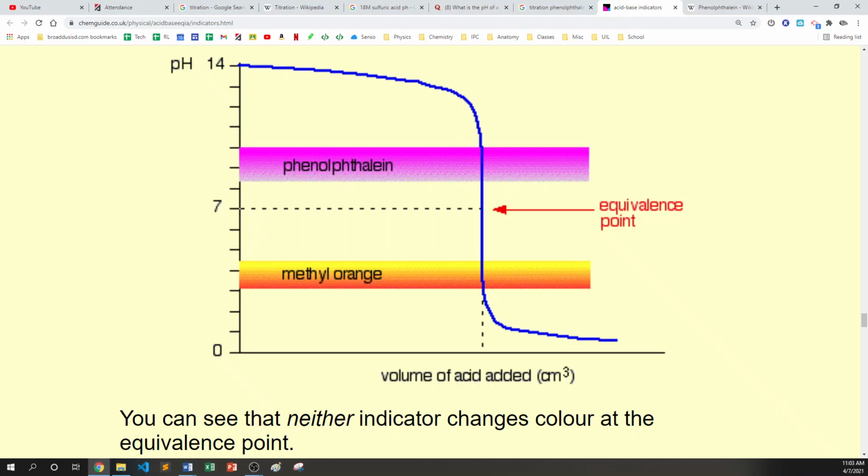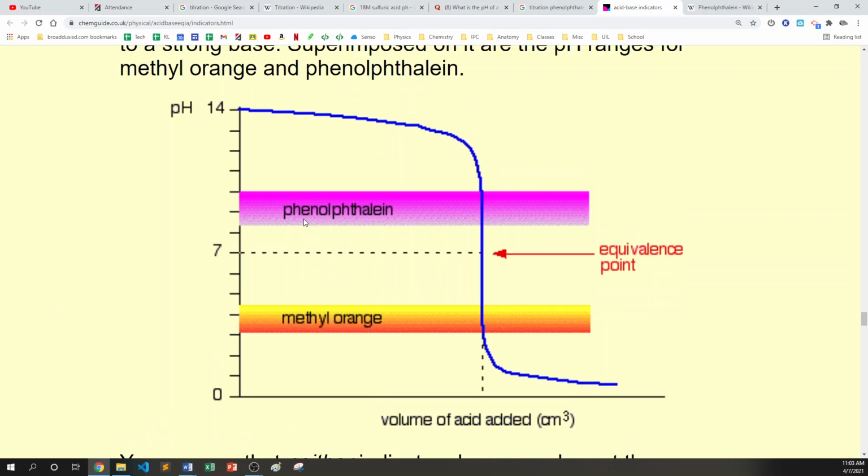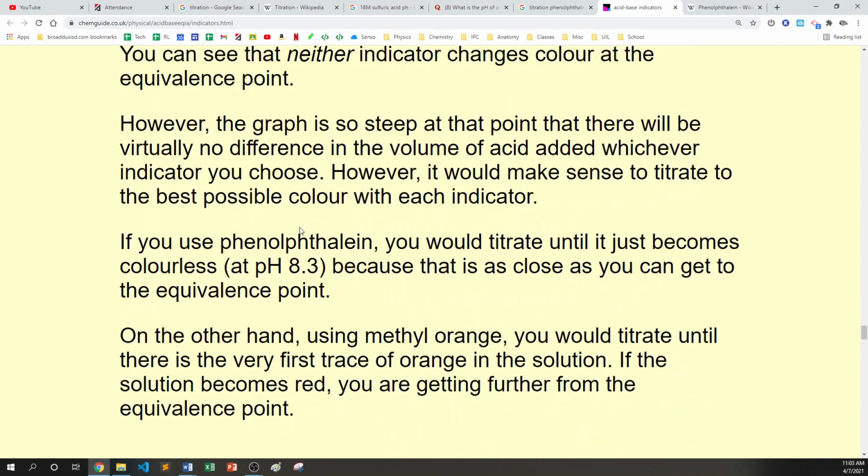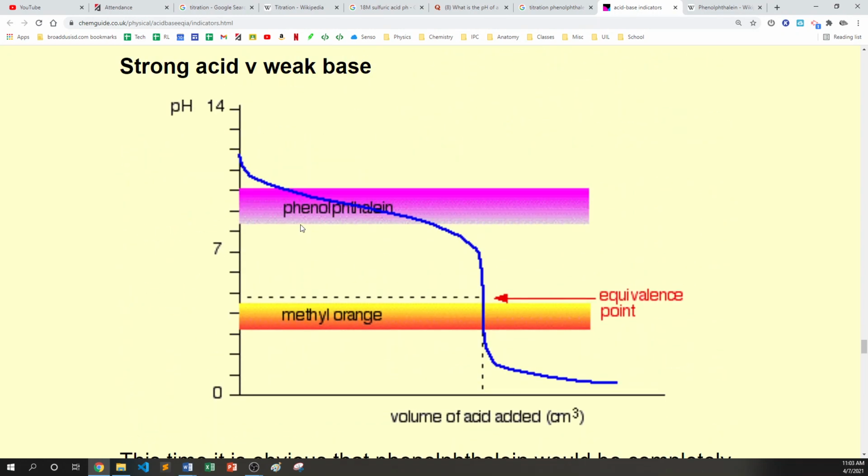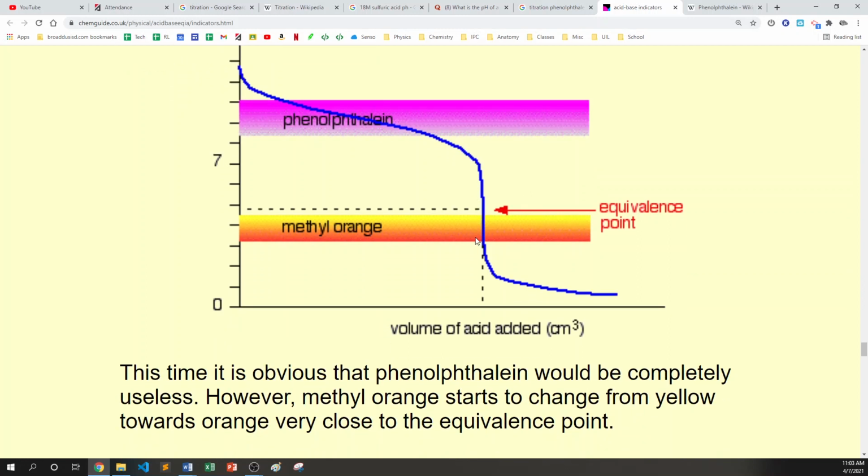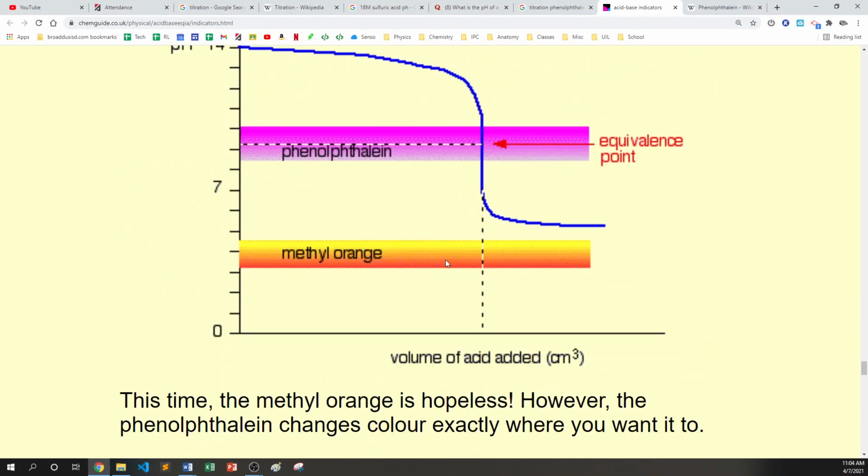So this was for a strong acid. For this experiment, you can use phenolphthalein, but it's not very good. This is actually the better one to use it for when you have a strong acid with a weak base. Here, our solution stays pink for a long time. And once it becomes neutralized at 7, it takes a little volume to do.